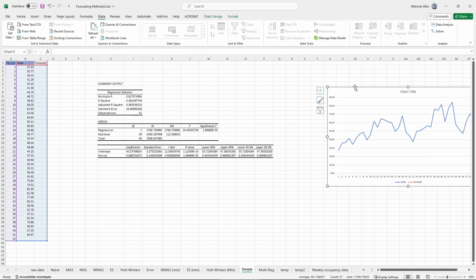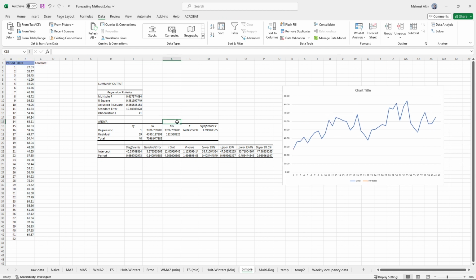There are several things I want you to look at. First thing is R square. This is important. Because this is a simple regression with one independent variable, we are trying to look at the overall occupancy, or actually I don't remember if this data was occupancy, but our data was predicted by the period.